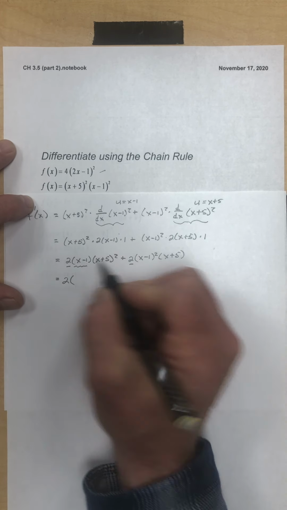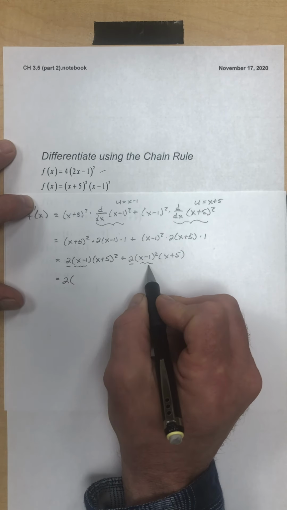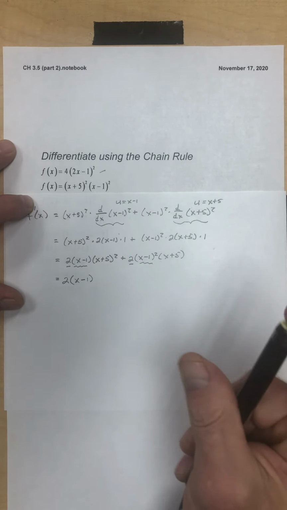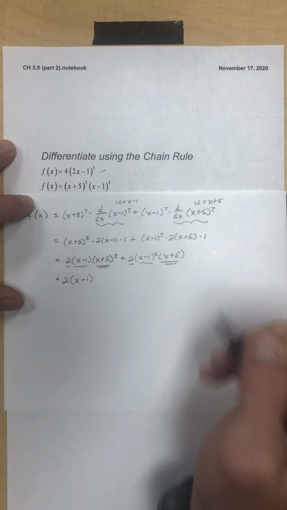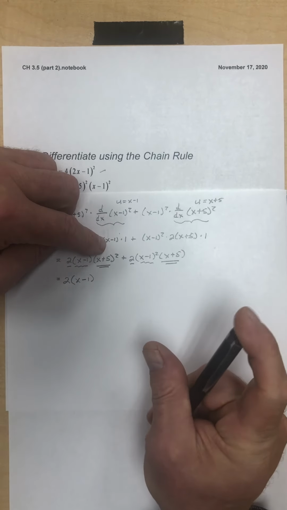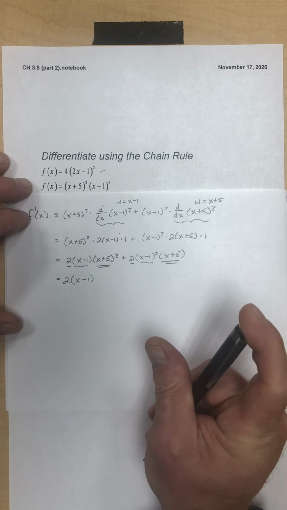Notice I have a common factor of x minus 1, so I can pull one factor away from here and one factor away from here, so that'd be x minus 1. And then notice that I have a common factor of x plus 5. So I can pull one away from here and one away from here, and pull that guy outside.